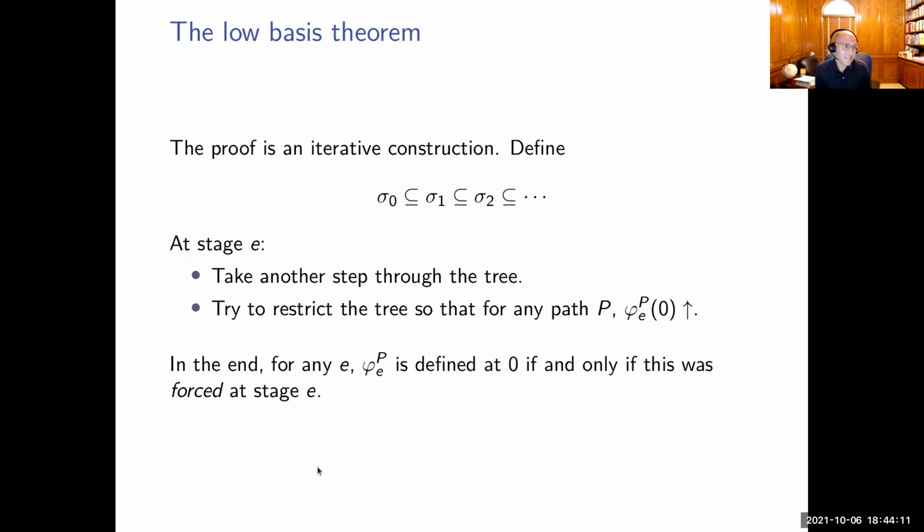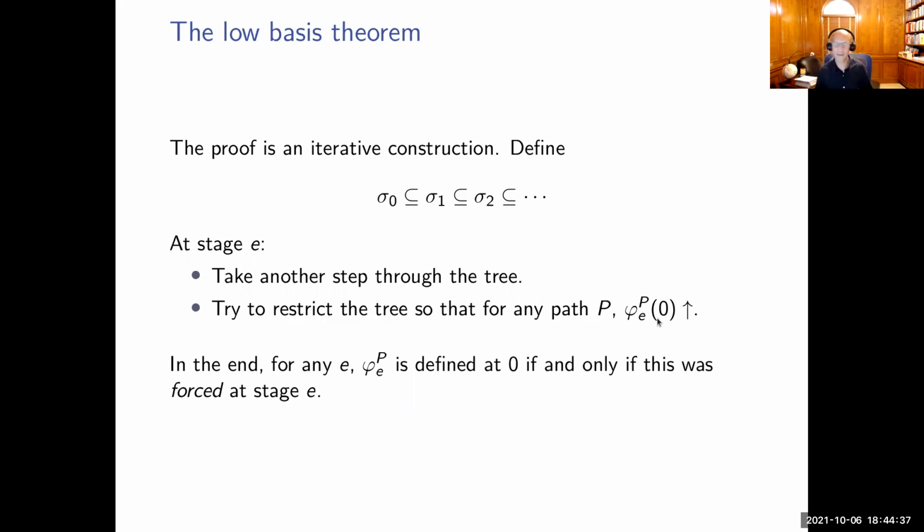And the construction is really a forcing construction. It's an iterative construction where you build this thing in stages, and at every step along the way, you take another step through the tree, but you try to restrict the tree so that you're guaranteed that whatever path you get at the end, the eth Turing machine won't halt on input 0.